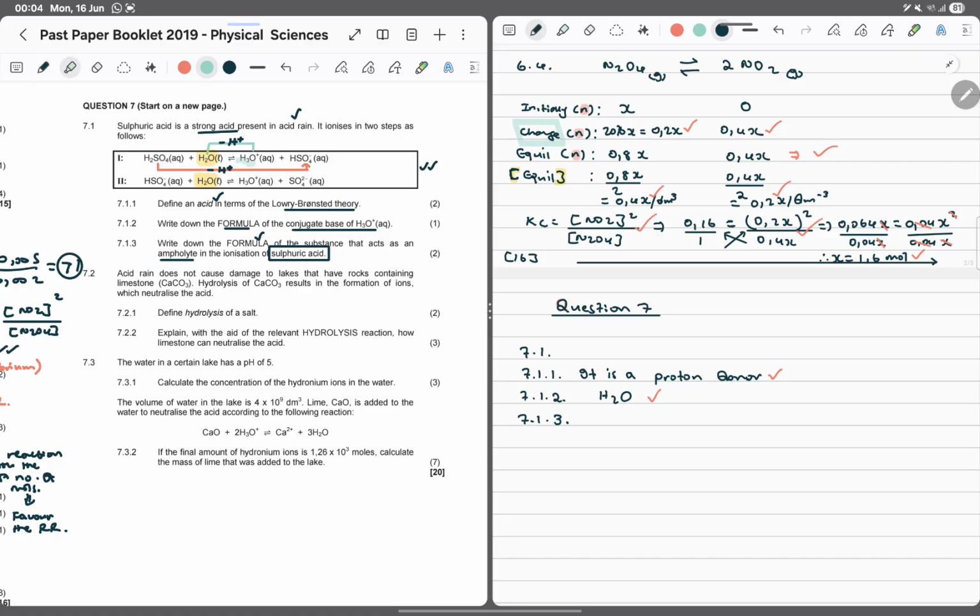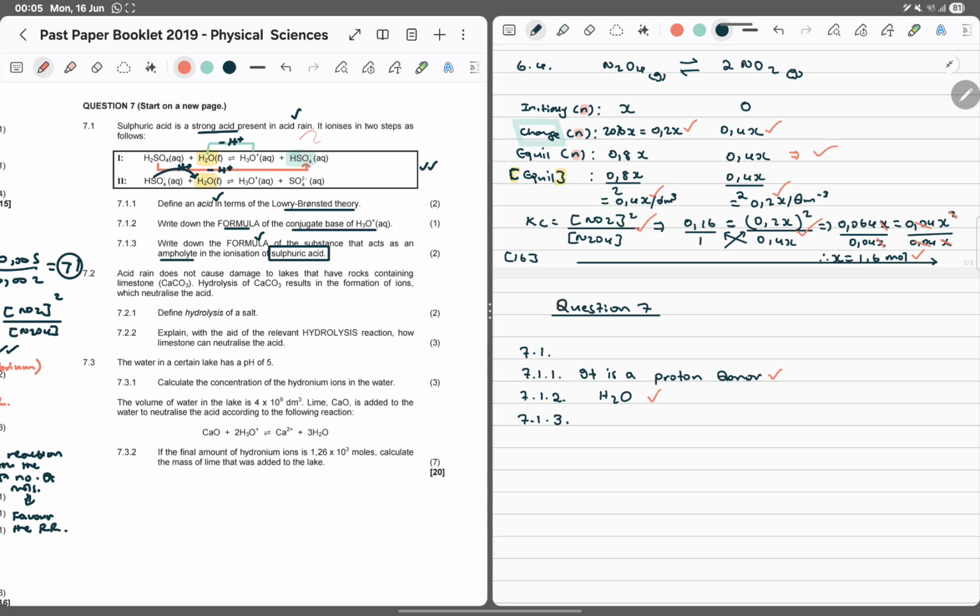Now let's see what is happening. Sulfuric acid loses its hydrogen. This is an acid, and then it makes this one, the hydrogen sulfate ion. But in this case, the hydrogen sulfate ion actually protolyzes water by giving it a hydrogen plus ion. So if it gives, according to Lowry-Bronsted, this is an acid.